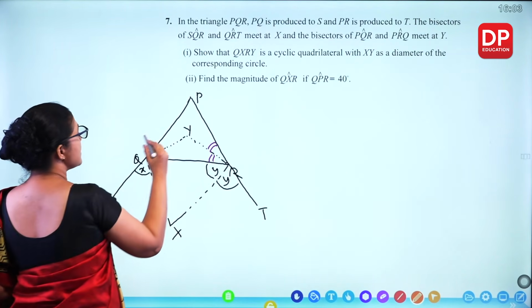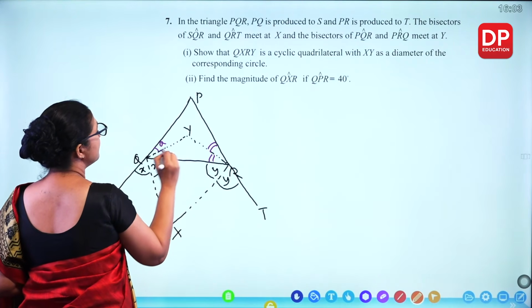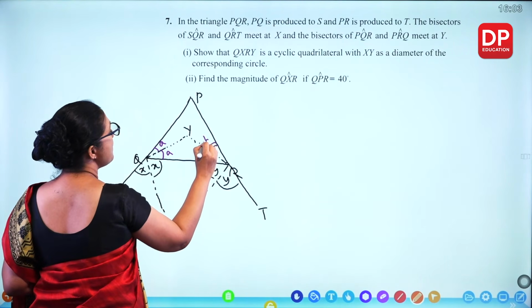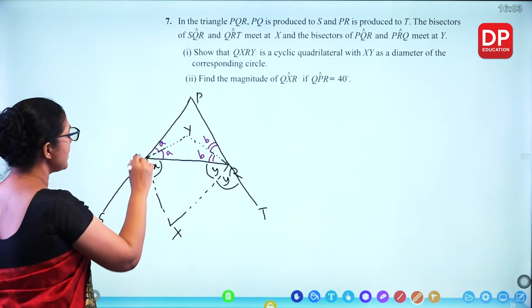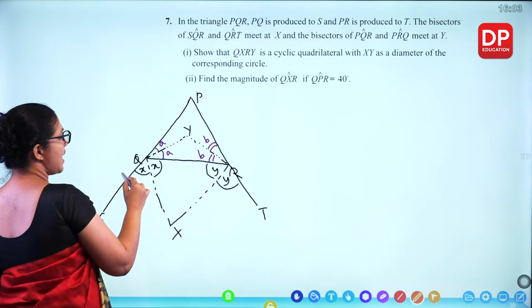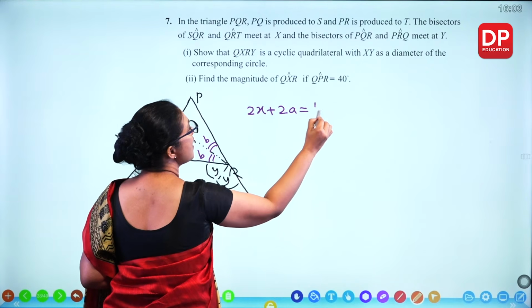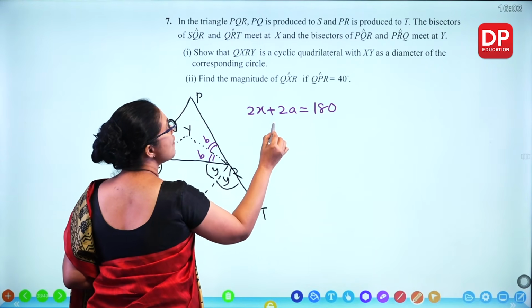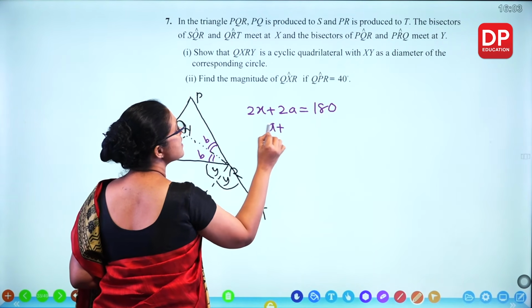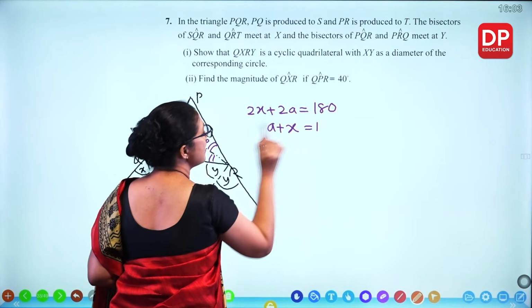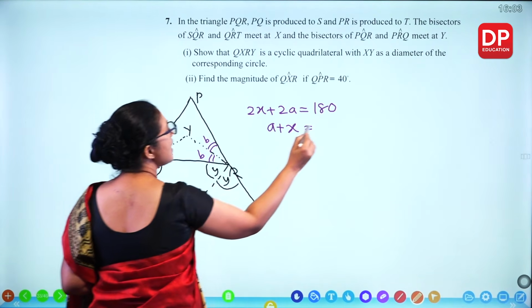Now we'll put letters here, A. This is B. What can you say about this angle? 2x plus 2a is 180. So when you divide by 2, a plus x is 90 degrees.